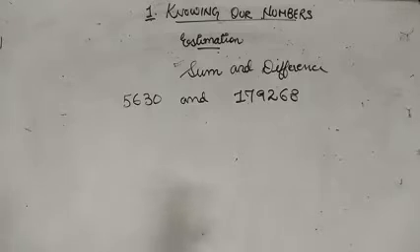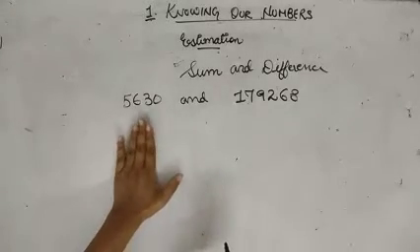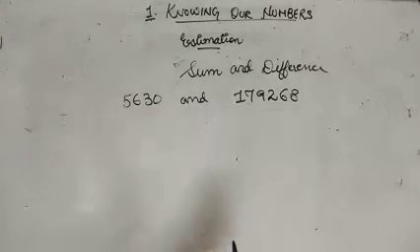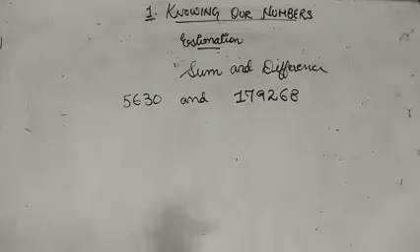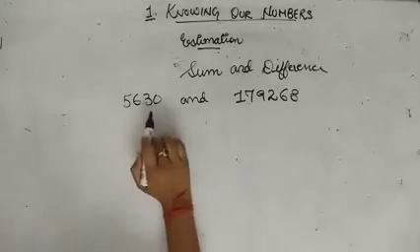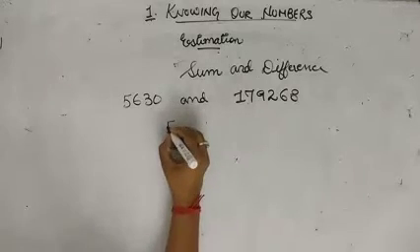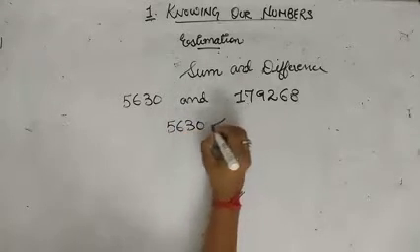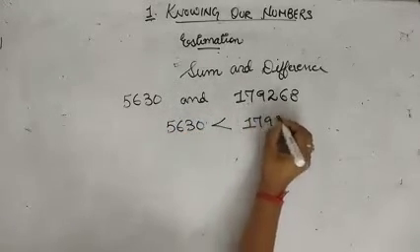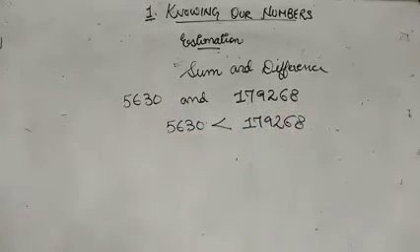But they haven't mentioned in the question up to which digit you have to estimate. So how will you know? You will see which number is smaller of the two numbers. We know that this number is smaller than this number. So from this you will get an idea up to which place value you have to estimate.